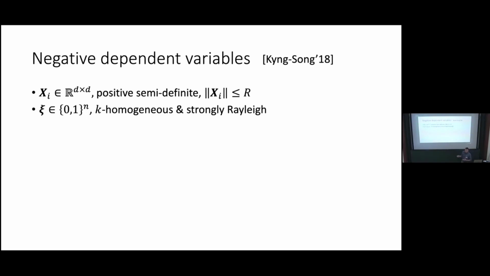This is k-homogeneous, which means that every outcome of this random vector contains exactly k ones and n minus k zeros. And the strongly Rayleigh property just means that the entries of this random vector are negatively dependent among them, and so we denote with X the sum of these random variables that are given by taking the ith entry of the vector multiplied with the ith matrix.